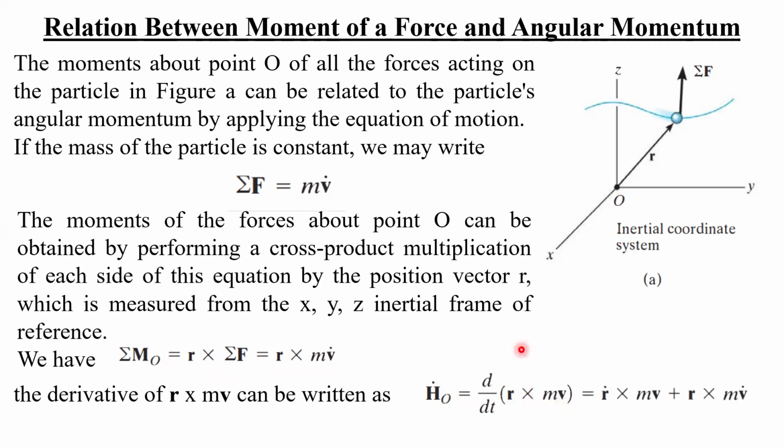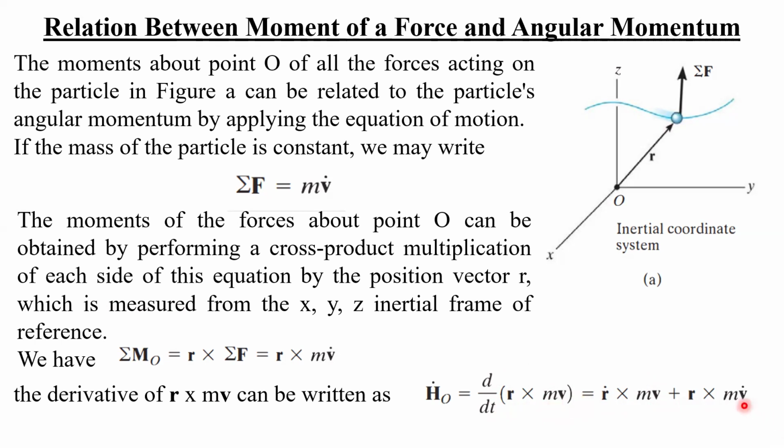When you open this up, you use what we call the product rule. So d dt of R is R dot, and you keep this part. Then you cannot differentiate M because M is constant. If not, you would have had to differentiate it first using the product rule.